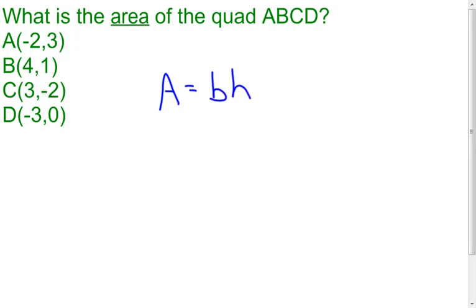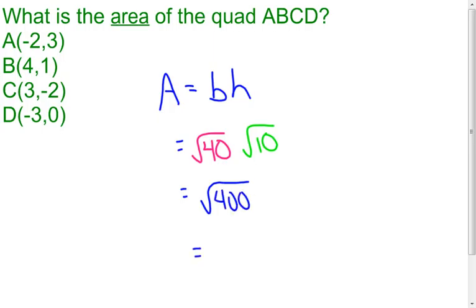I said that my base was the square root of 40 long. My height was the square root of 10 long. If I multiply those two things together, that's going to equal the square root of 400, which is equal to 20. So 20 square units is the area of that quadrilateral, or rectangle in this case.